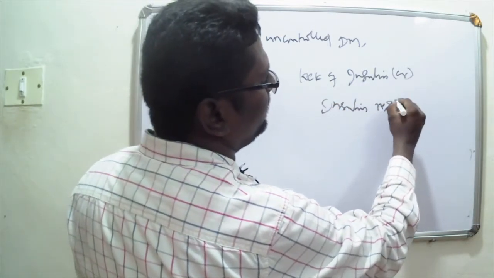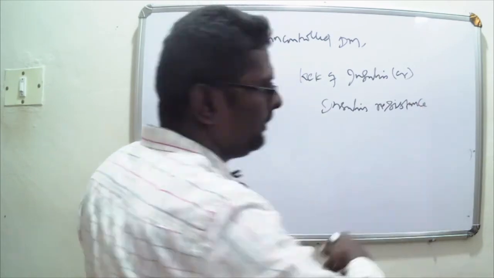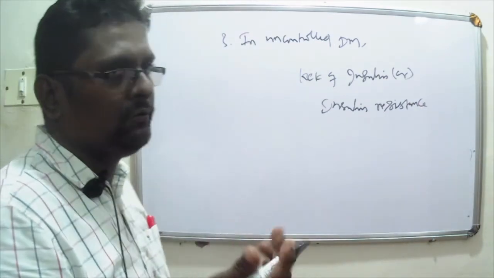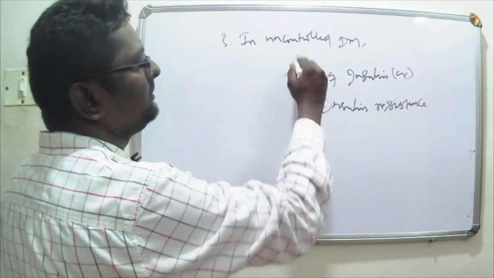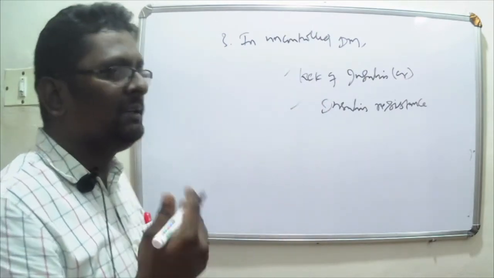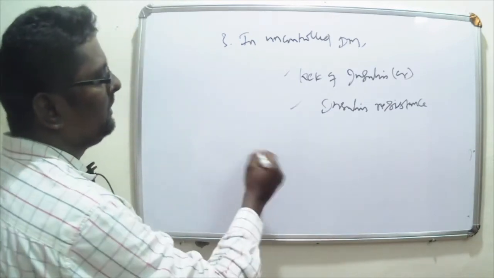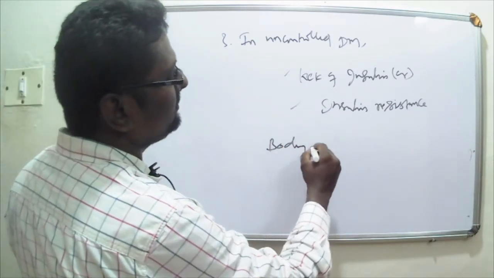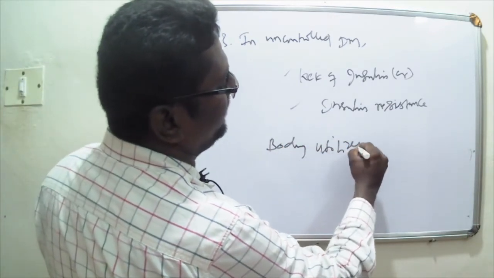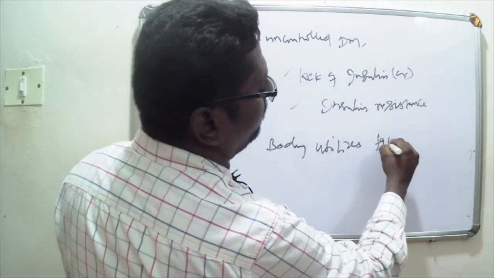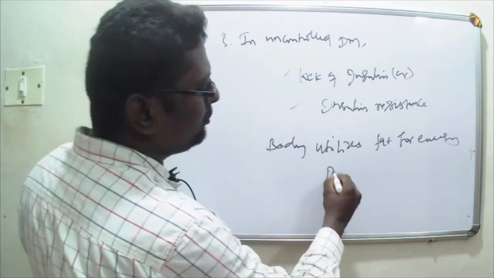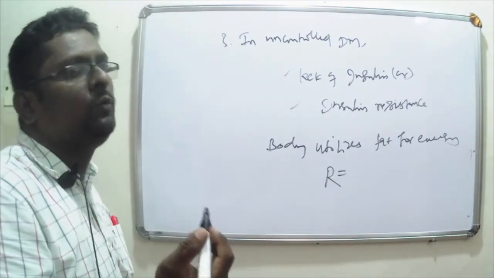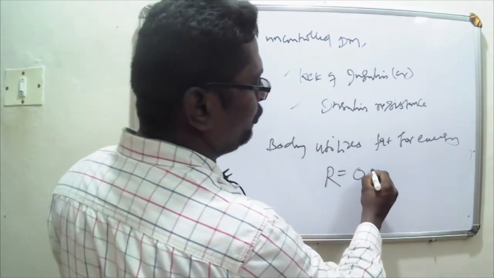Because insulin is necessary for the cells to take up glucose, in diabetes mellitus glucose uptake cannot take place. So the body utilizes fat for energy, and you will get an R value similar to that for fat, that is 0.7.